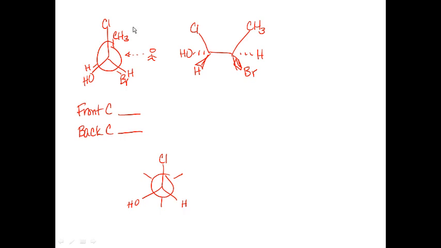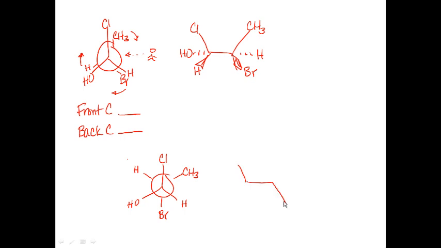I would have said, okay, let's just move this chlorine or this methyl group over here, then the hydrogen up 60 degrees to put it there, and then the bromine over here 60 degrees there. Now I've got my molecule in my staggered conformation.